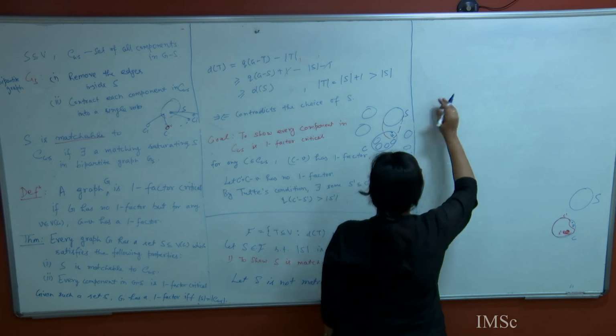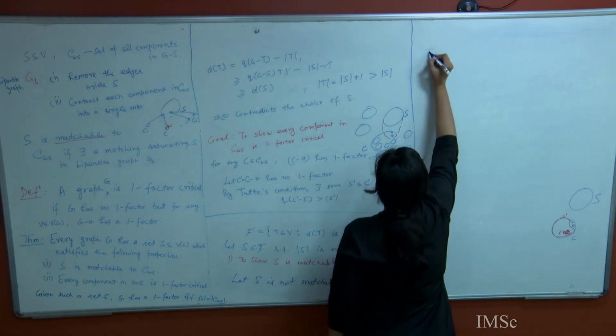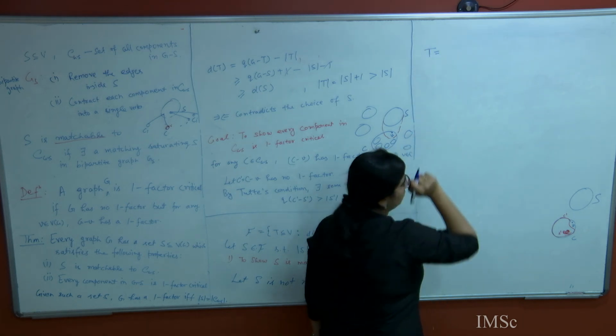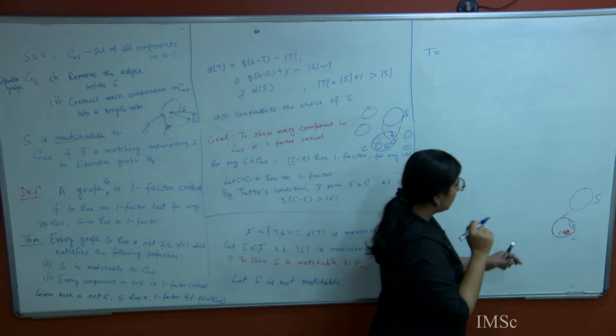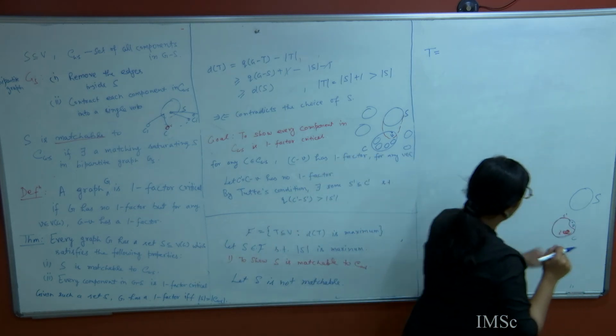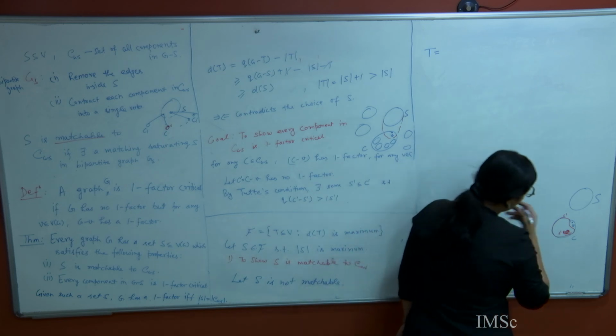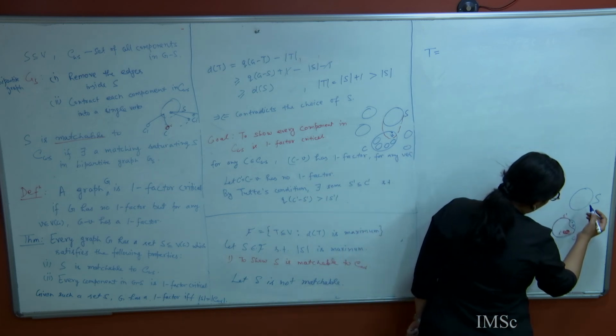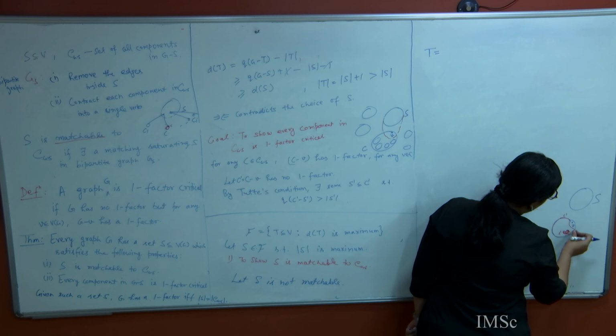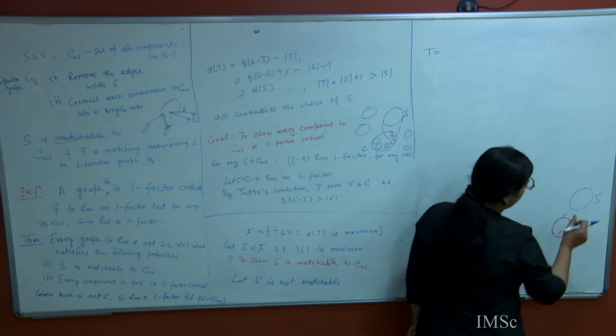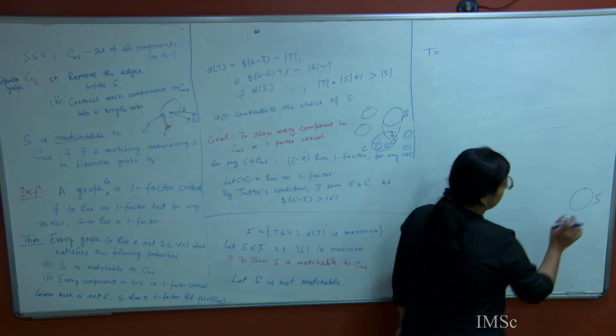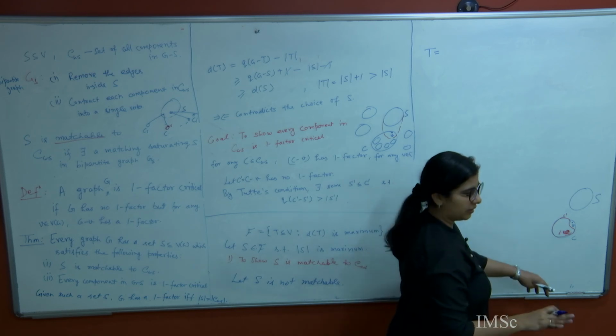So, let's revise our set again. Earlier we were looking at this S. Now what we do is let's move this V inside S, and this S prime set as well, because this is also failing Tutte's condition.